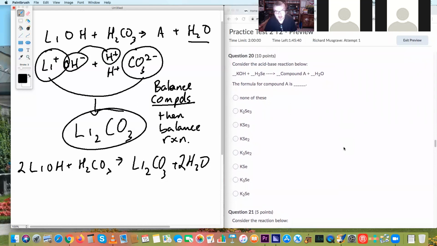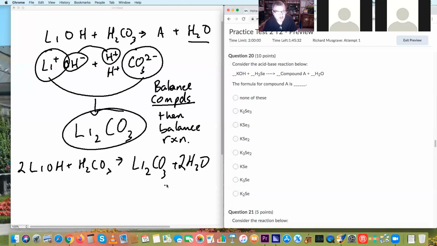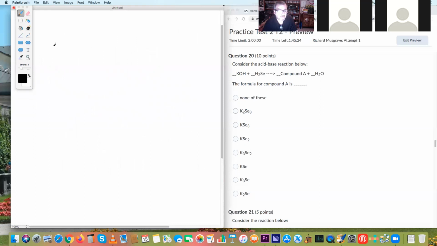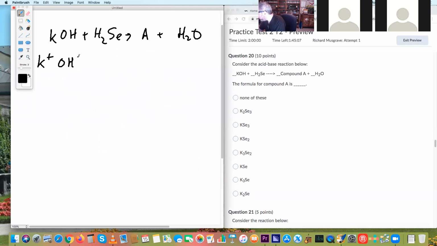So let's look at this one here, KOH plus H2Se. So we definitely know we're going to get this compound A plus H2O. We've got K plus and OH minus over here for this one. We've got H plus and Se2 minus over here.